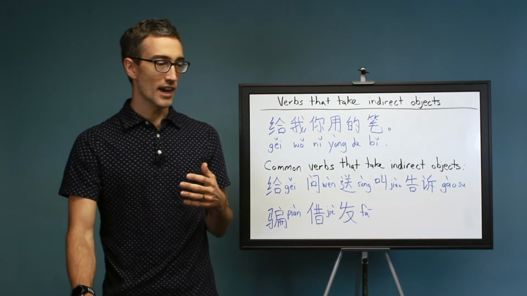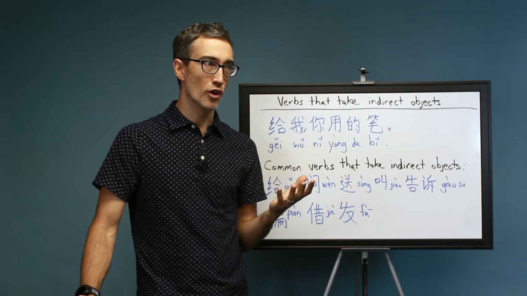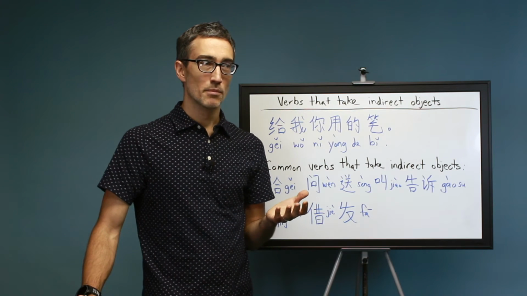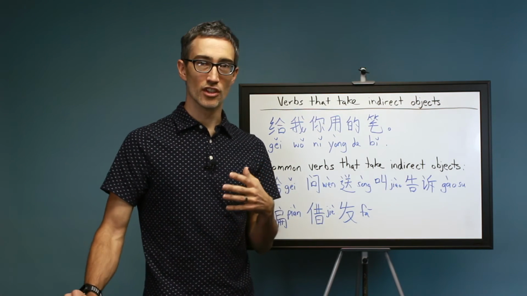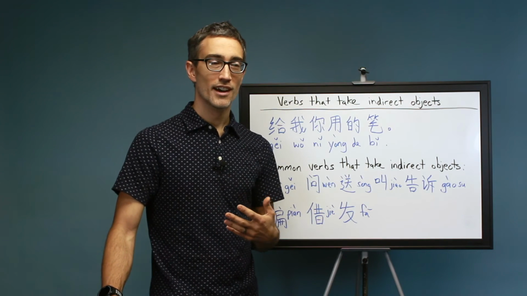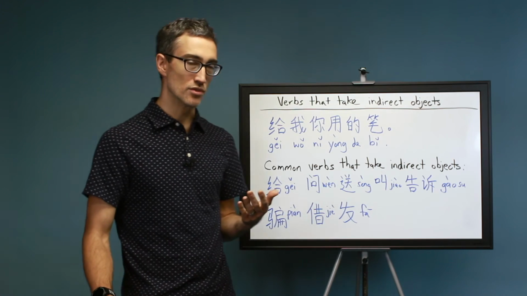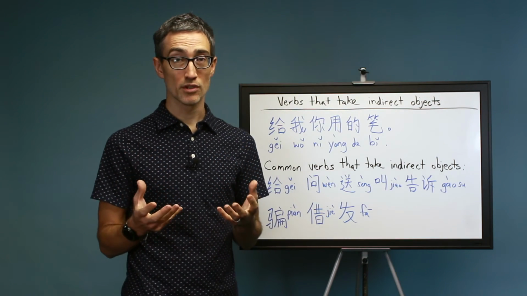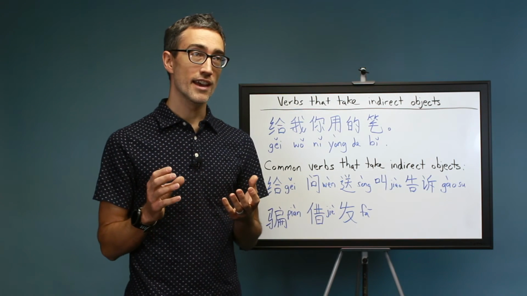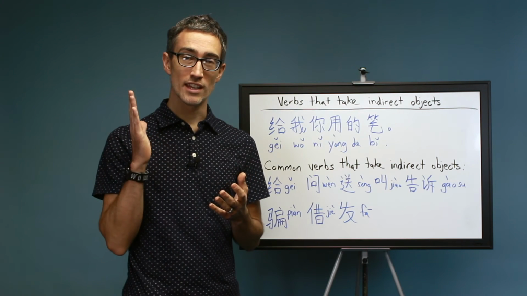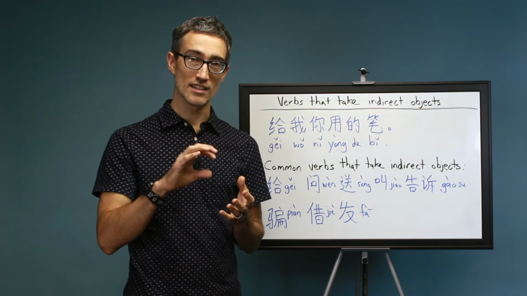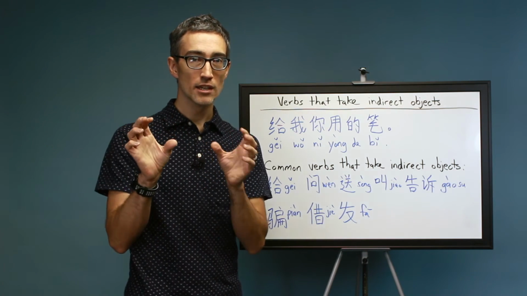In fact, I run into this all the time when I know a verb, I know a phrase, but I don't know how to add in the to whom part of it. Right now, I have my wife and a baby who still drinks milk, nurses, and takes bottles. And I know the way to say nurse or to give milk in Chinese. It's 喂奶. It means literally to feed milk.